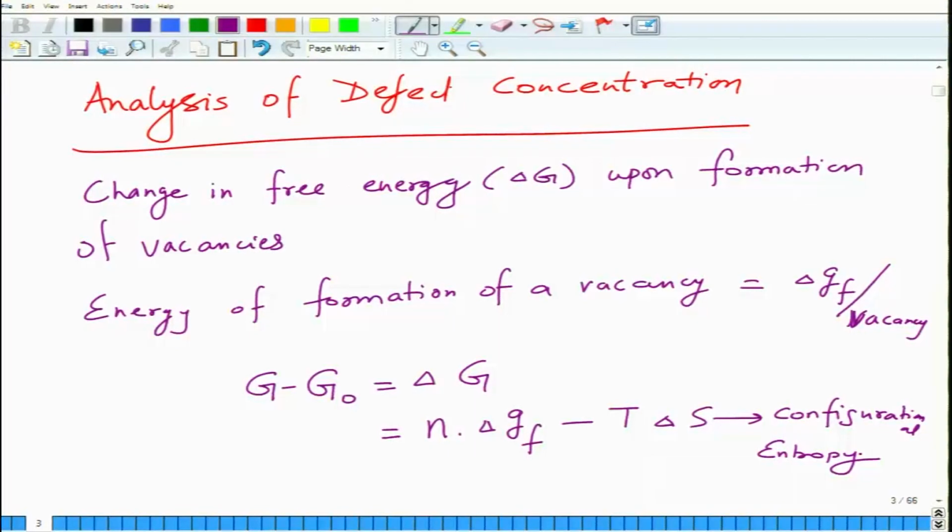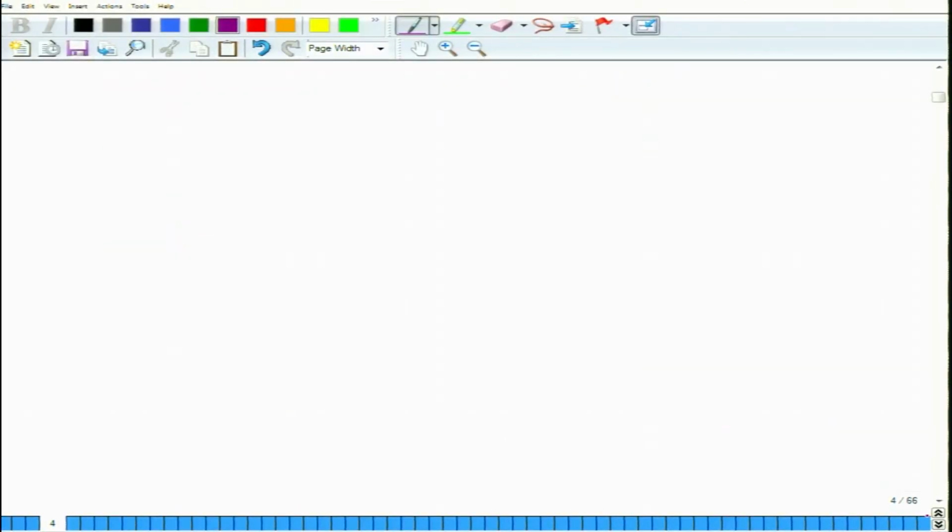When you introduce vacancies in a material, predominantly you are changing the configurational entropy, because since you have one vacant place, the atoms can be put into various configurations. So, we need to work out the change in the configurational entropy that happens upon introducing a vacancy.